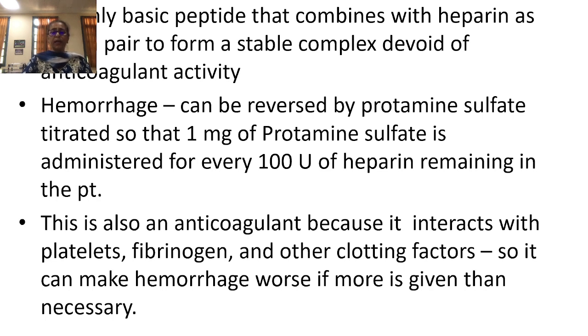So it can make hemorrhage worse if it is given in very high dosages. So initially when we give it as an antidote to heparin, it forms a complex with that and there is no anticoagulant activity. Suppose if you give protamine sulfate more than what is required, then it produces its anticoagulant effect and can worsen the condition.